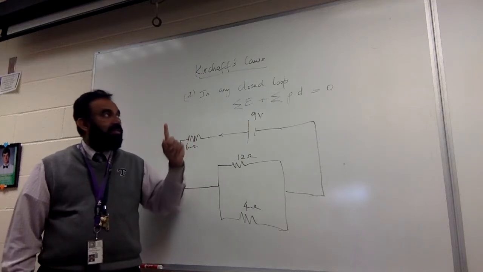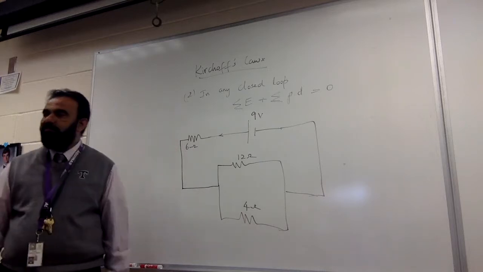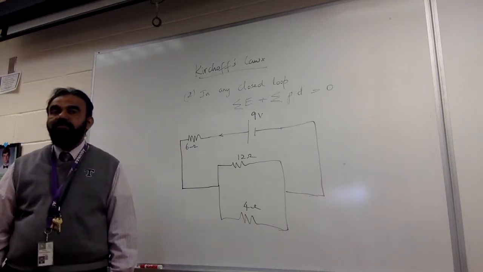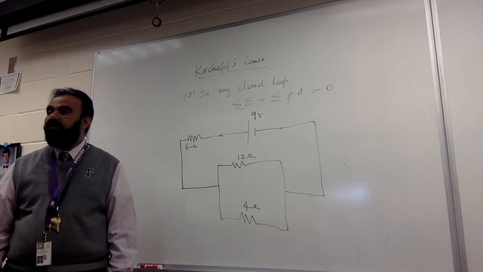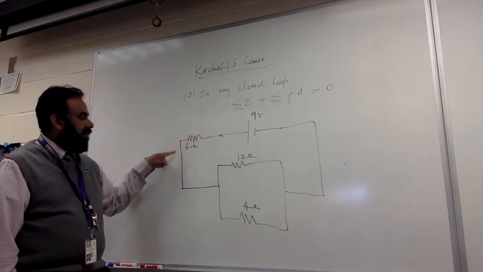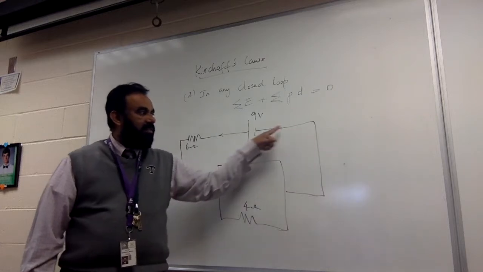How do you do it? You have to look for how many closed loops you see in this. 2 closed loops? Look again. If I start from here and go like this, like that, that's 1 closed loop.